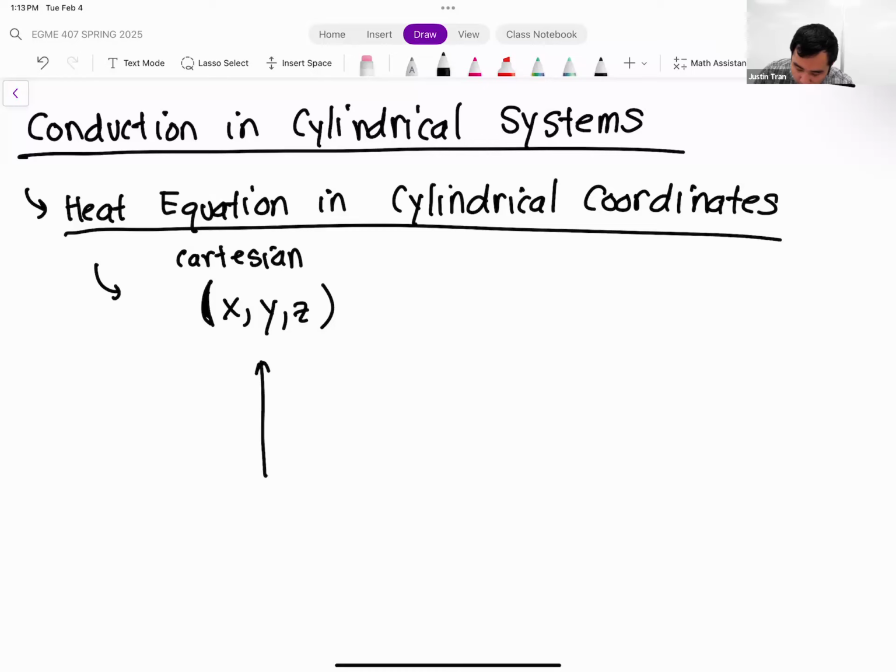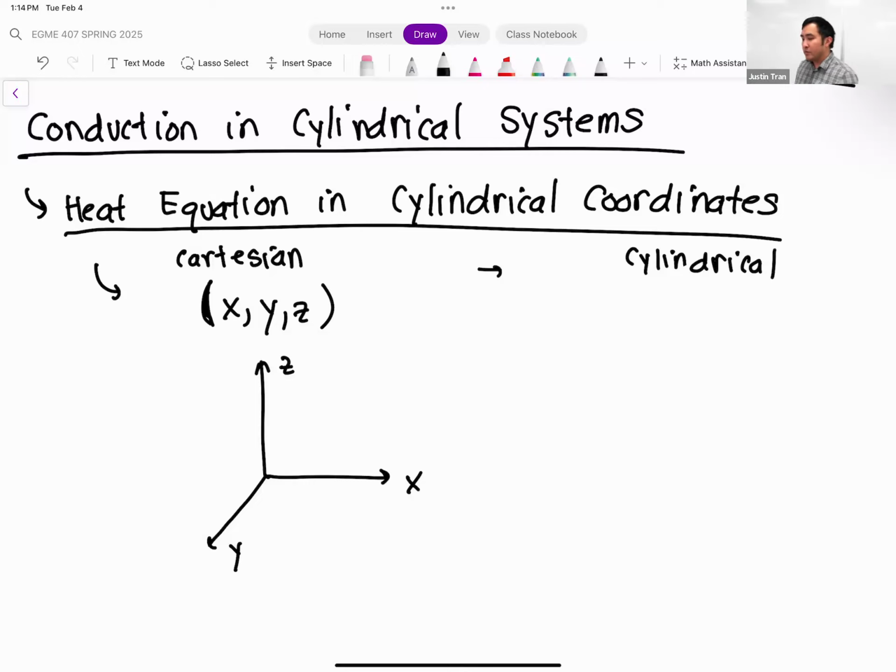In 3D space, it would look something like this. X is a linear direction, Z is upwards, and Y is coming out of the page. Sometimes Y and Z are swapped depending on the book, but that's how I usually draw it.